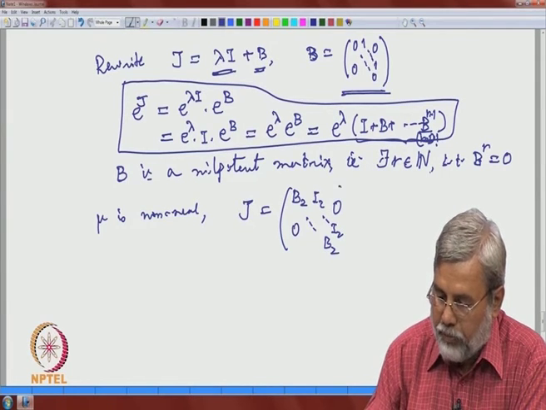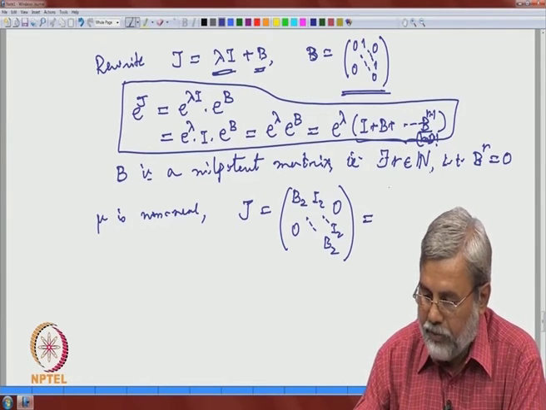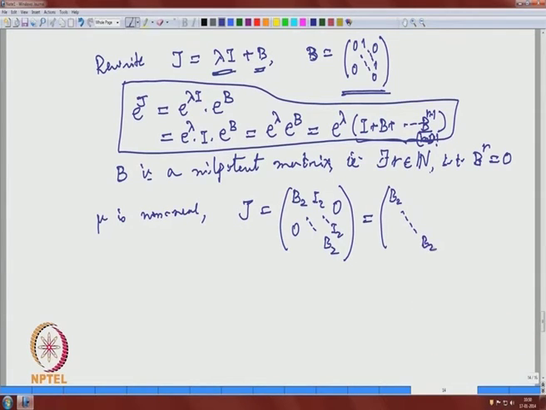Still we can use the same idea: we write it as B2 plus again the same thing with 0, I2, 0 and so on.